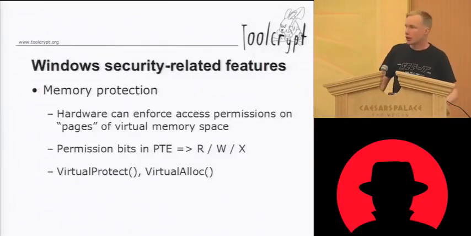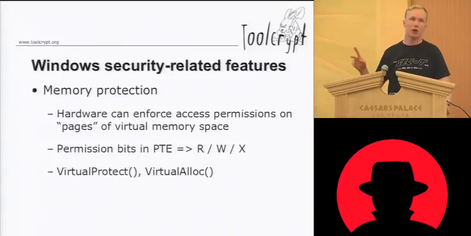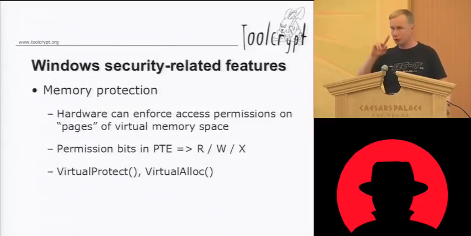So on x86, a memory page is 4K. And each 4K physical memory page has a bit field with basically 3 bits controlling access to that page, saying, is this page allowed to be read, written, or executed? And the CPU will check these bits before reading, writing, or executing data from this page.